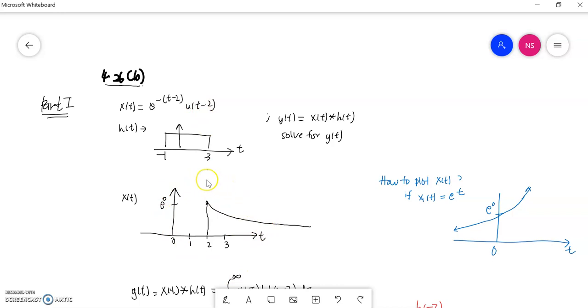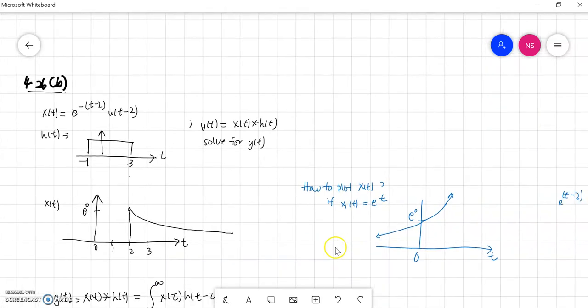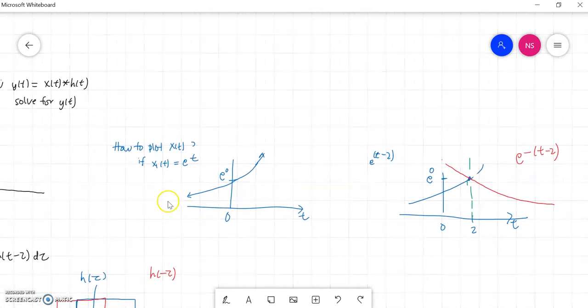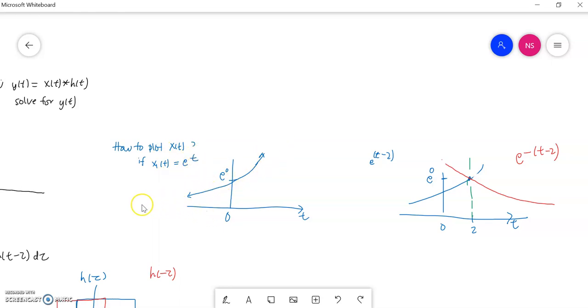If you have trouble understanding how to find this, I'm going to show it to you step by step. First, if I draw x of t equals e to the t, this is what I get. As t increases, you have e to the power of something that's getting bigger and bigger, so the magnitude increases.